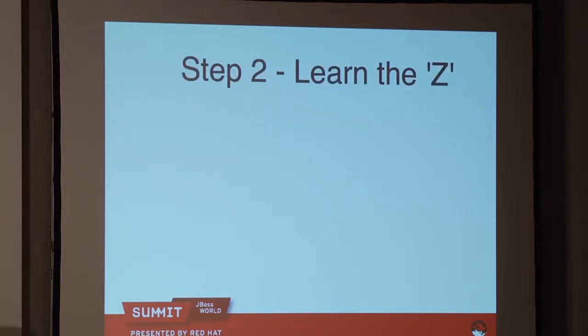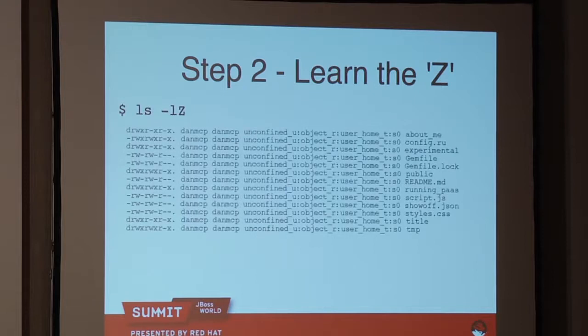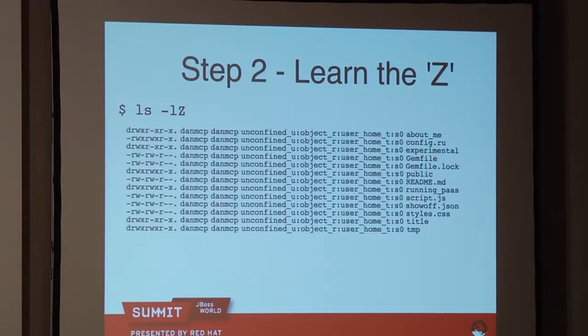Okay, so step two is learn the Z. Whenever you're listing files or listing processes, there's an option for capital Z to be able to do an ls -lZ. Here's the example. And you see a little bit of information that's tagged along here. If you notice whenever you're listing files, there's a dot at the end of them, which implies that an SELinux security context is actually set.